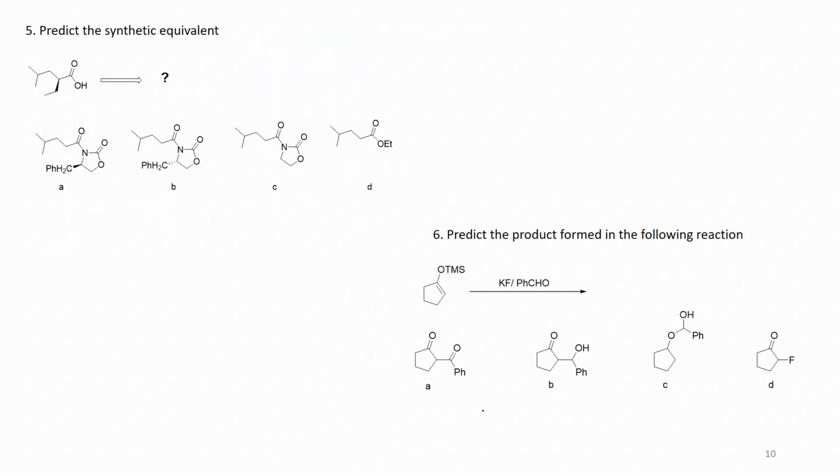Predict the synthetic equivalent. What is called a synthetic equivalent? That is a terminology in retrosynthesis you should know. Any substrate from which you are getting the product is called a synthetic equivalent.